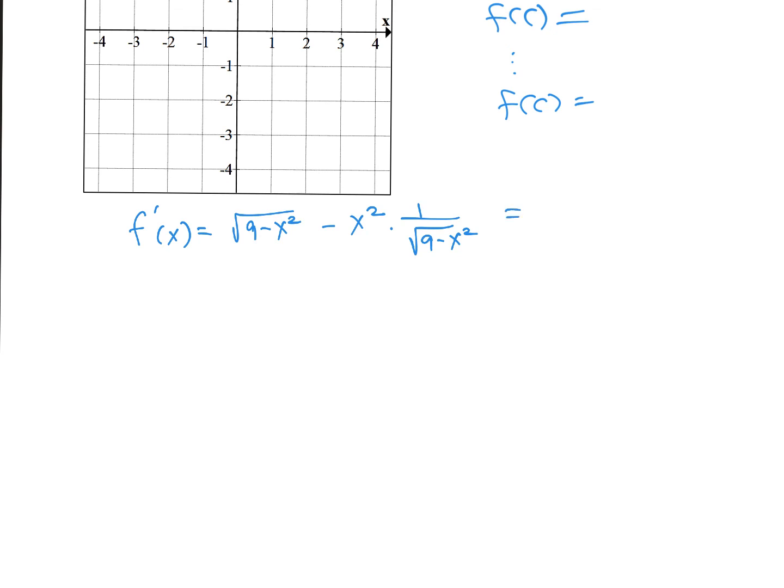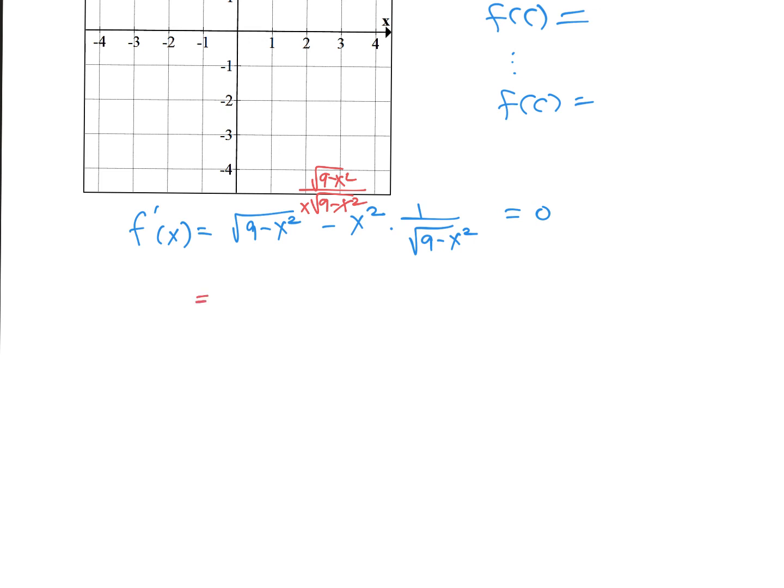Again, you have to set it equal to 0. How to do that? Well, I have a fraction, so I have a denominator. That means we need a common denominator, because it's like this minus that. This is a lot of algebra. So I'll multiply on top and bottom for this term, so I can have this as the denominator. I'll multiply by 9 minus x squared over 9 minus x squared.